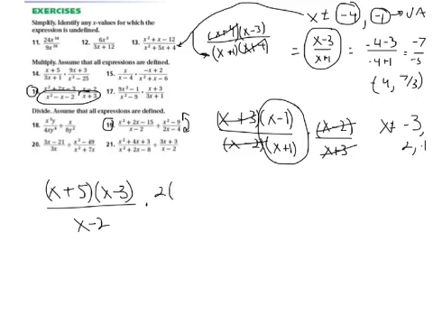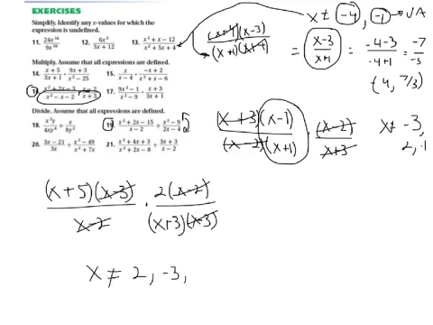So I get 2 times x minus 2 over x plus 3, x minus 3. Alright? Cancel, cancel, cancel, cancel. Nothing else cancels. But I also know that x can never equal -3 or +3 because of where our denominators are. Alright? And then we simplify and say it's just x plus 5 over x plus 3.